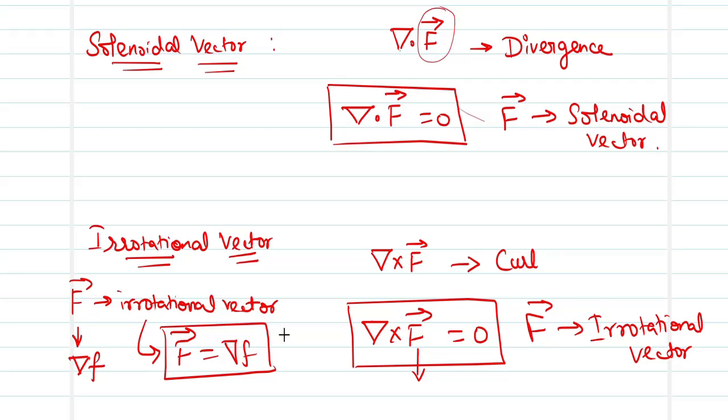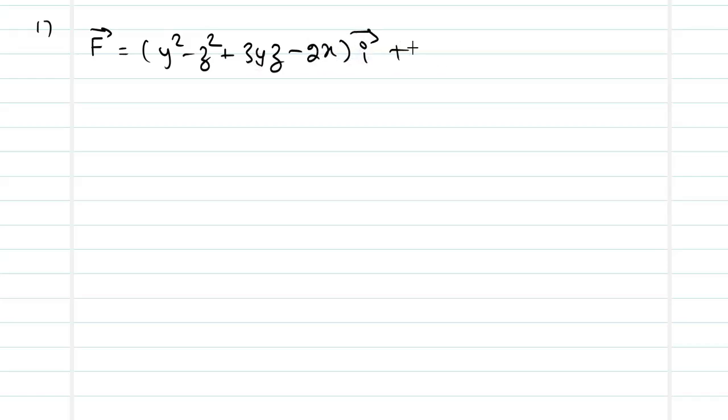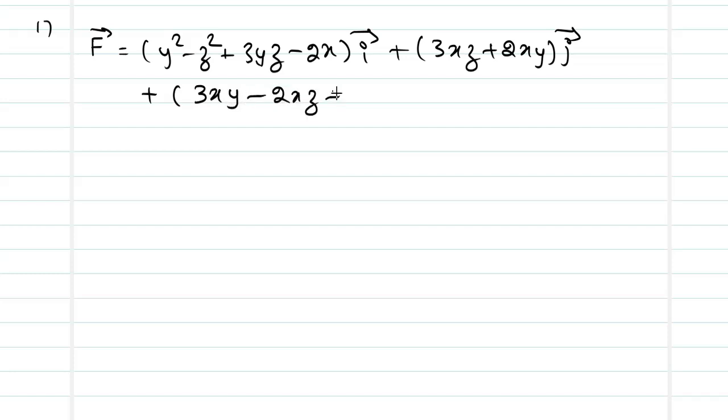So let the problem be as such. Problem number 1. If my f vector is equal to y square minus z square plus 3yz minus 2x times i, plus, the second component is 3xz plus 2xy times j, plus the k component be 3xy minus 2xz plus 2z times k.